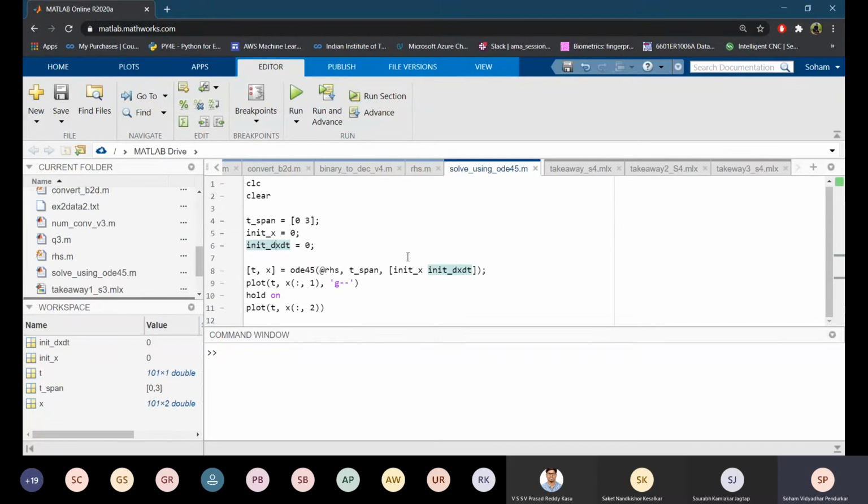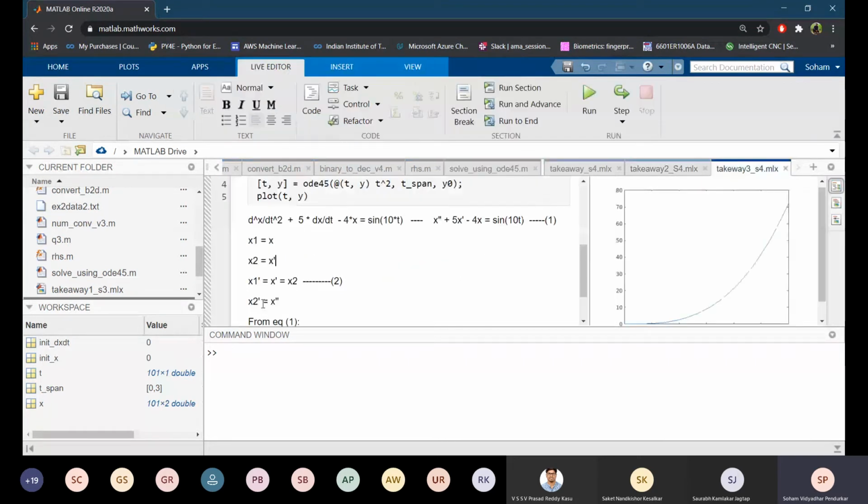This is for me, but inside, since I'm putting up RHS, and since x is a vector, it will assign automatically init x. That means x1 equals 0 and x2 equals 0. And we know that x1 equals 0 means x, and x2 equals 0 means x dash equals 0. That is how we supply our boundary conditions to the problem.